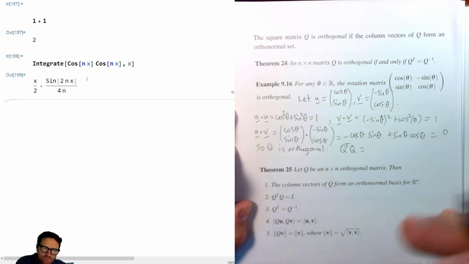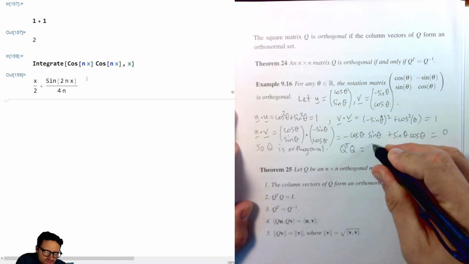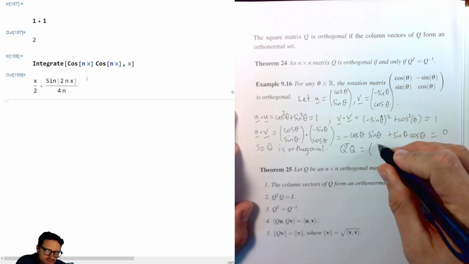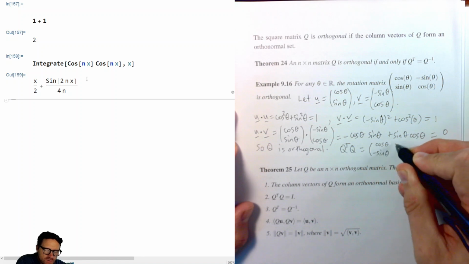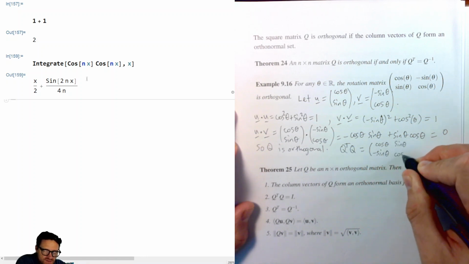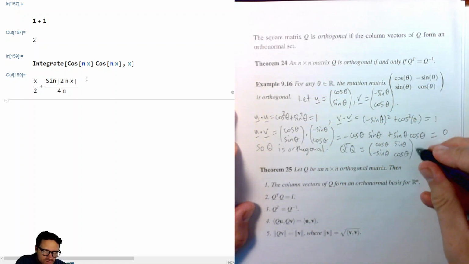I'm changing rows into columns and columns into rows. So the transpose of Q is cos theta, minus sine theta in the first column, and sine theta, cos theta in the second column. And now I just copy down Q again.